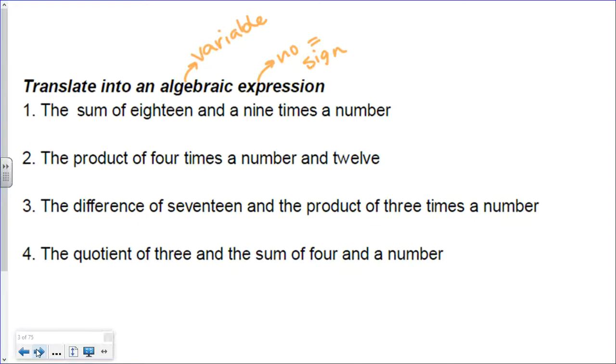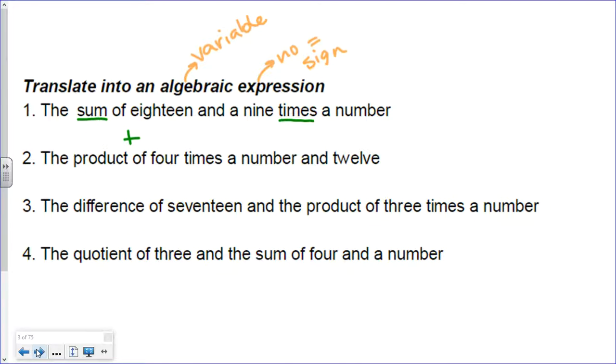All right, first thing I want to know, what are the key words in number 1? Sum is a keyword. Times is a keyword. Everybody good with that? Now, if I were to read this, the word sum comes first, right? Would I start an expression with plus?